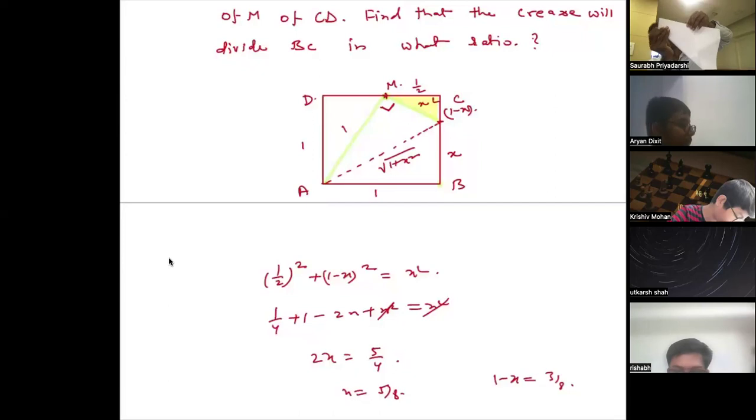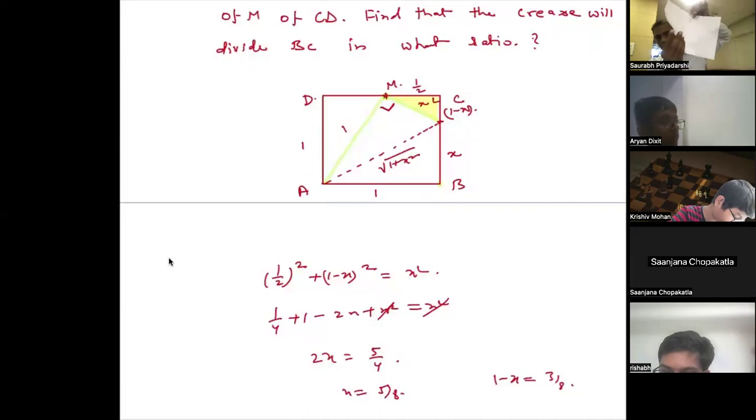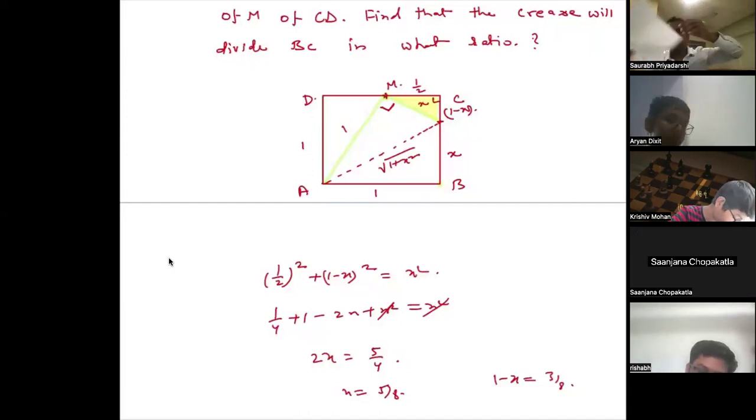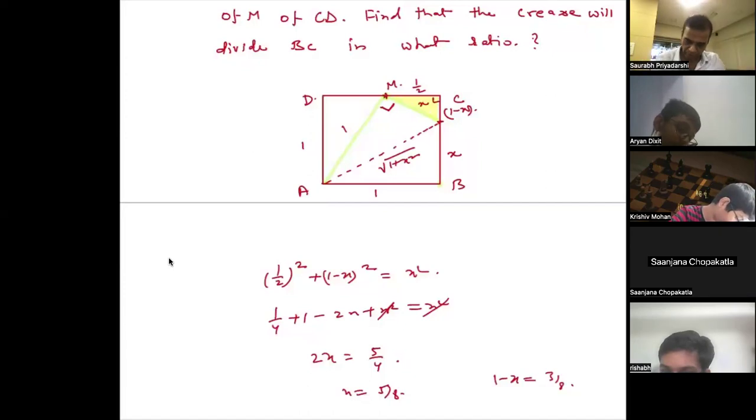The folding will be at this point and this point. Getting this? Yes, sir. So this will be open. Okay. So what have you all done?